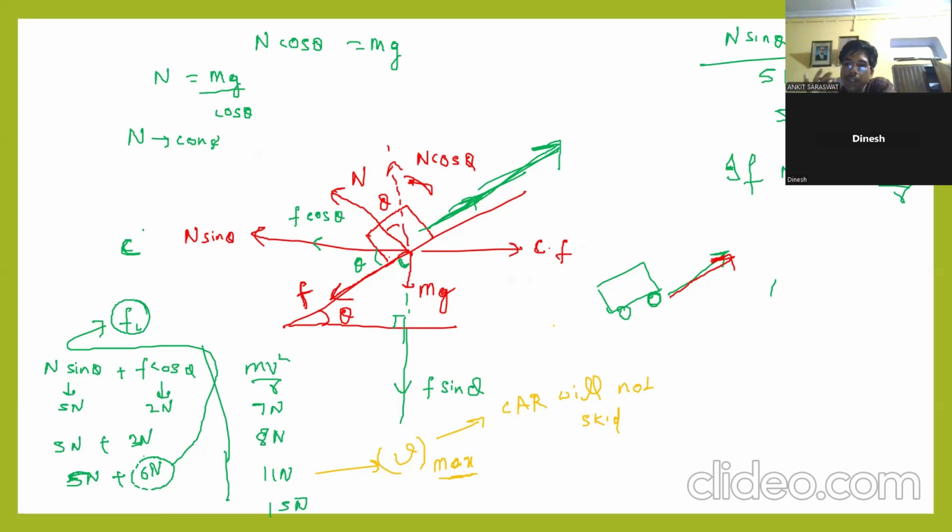I am asking what is the maximum velocity at which your car will not skid? N sin theta is a fixed constant, and sine theta is constant. Then if you look carefully, if I write the equation: N sine theta plus F cos theta will balance.